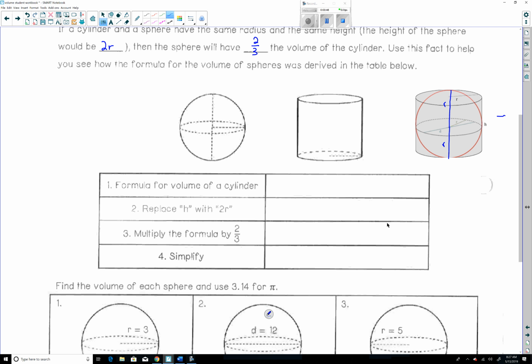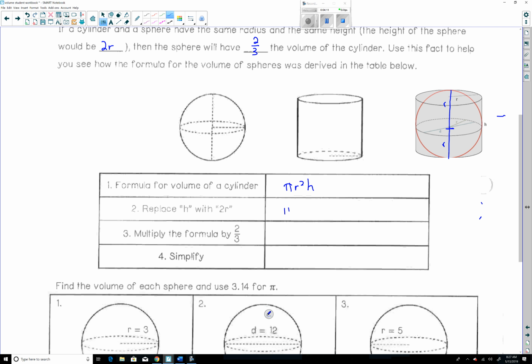Okay, the formula for the volume of a cylinder. Hopefully you're remembering this one because everything we've done has been based off of this one so far. So it's pi radius squared times height. So that's the area of the base times the height. Okay, so we're going to replace the height because we said the height of our sphere is 2r, right?